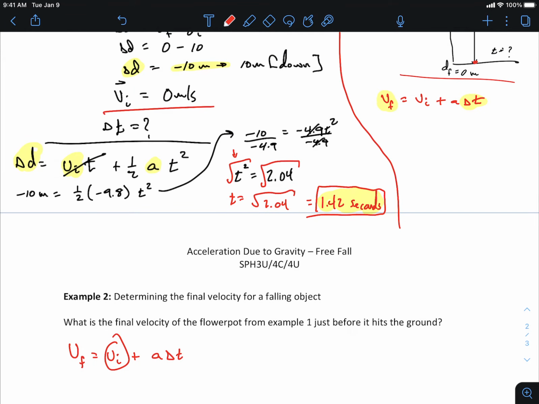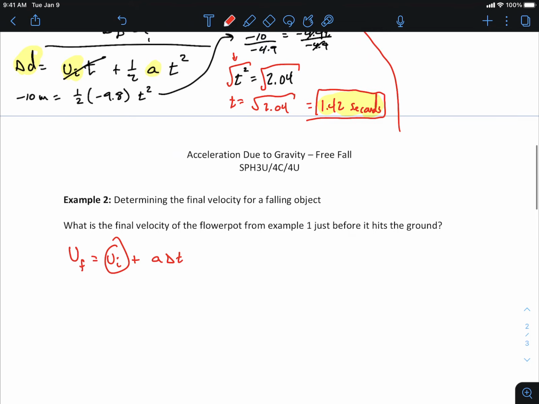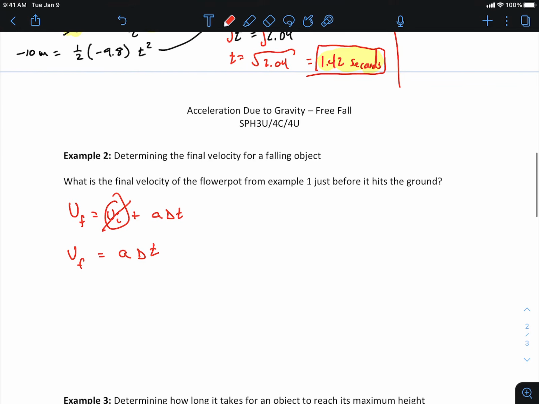So that's 0, so V final is going to be equal to a delta t. So V final is equal to negative 9.8 multiplied by 1.42.